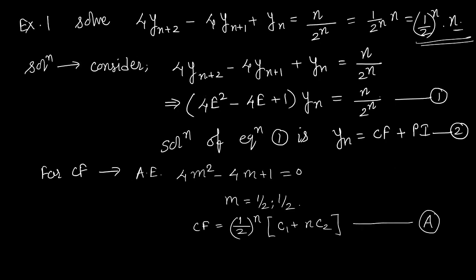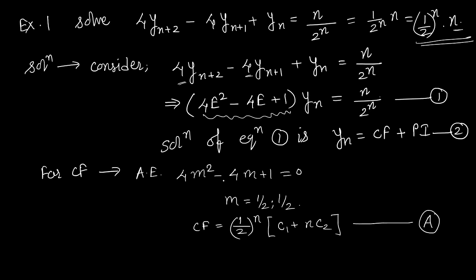Consider the given equation, which is a difference equation with constant coefficients. Now we write this equation in terms of E, and then its solution is given by CF plus PI. For CF, we write the auxiliary equation by substituting E equal to m in this term.